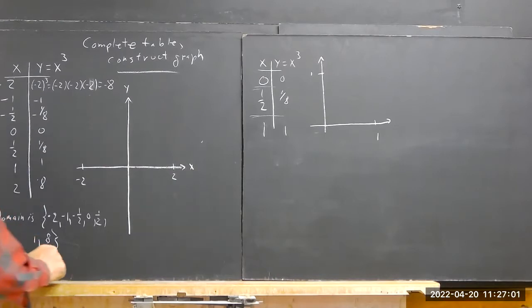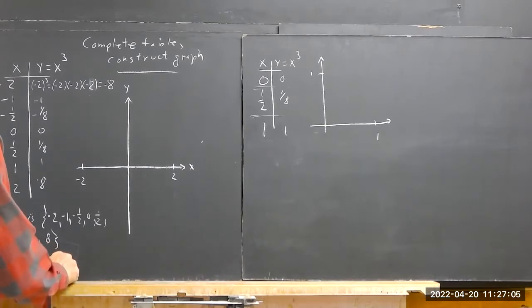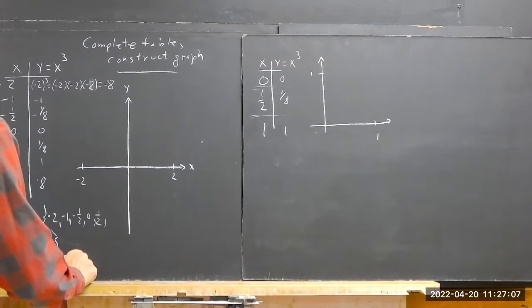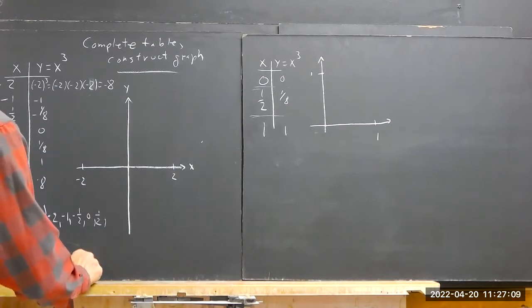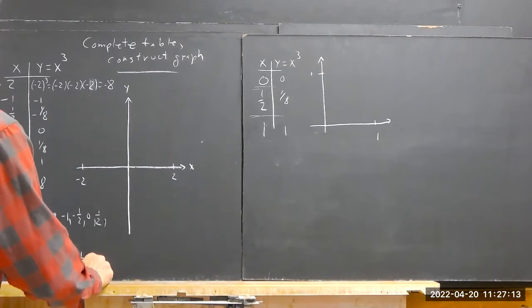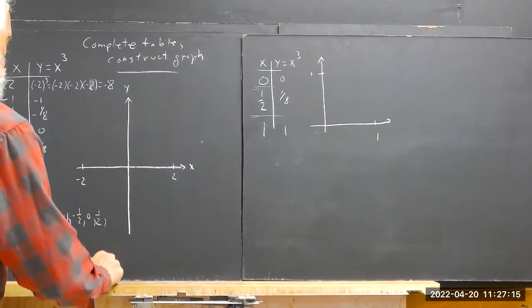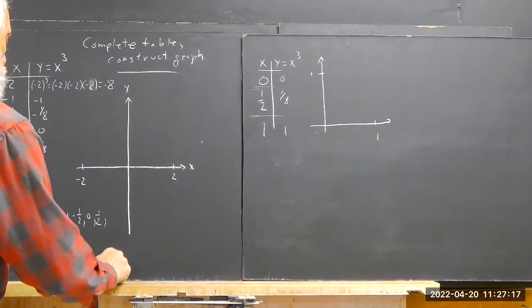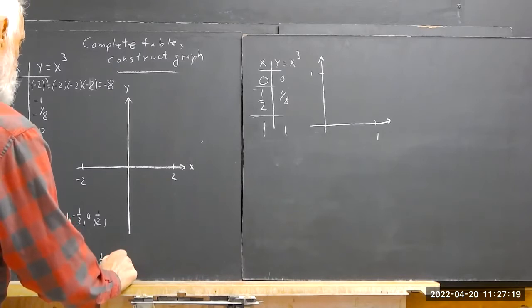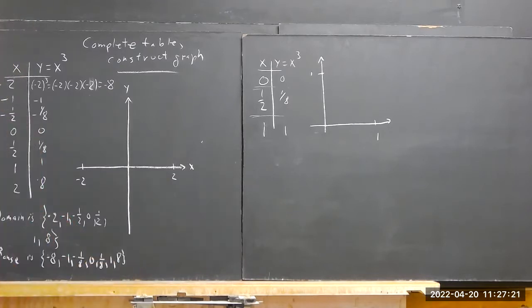So your range is -8, -1, -1/8, 0, 1/8, 1, 8. When you write these down, you want to do yourself a favor and keep them in order.